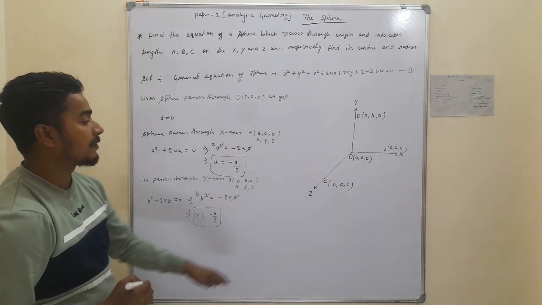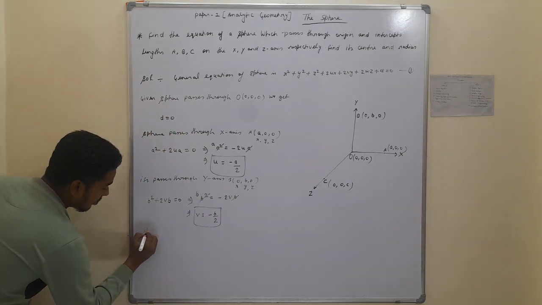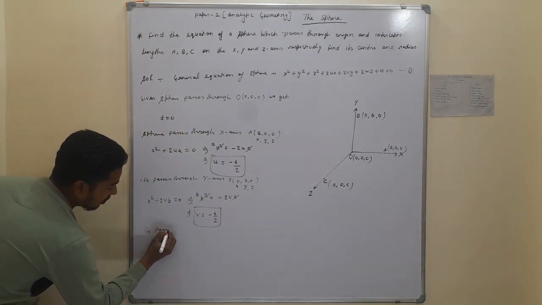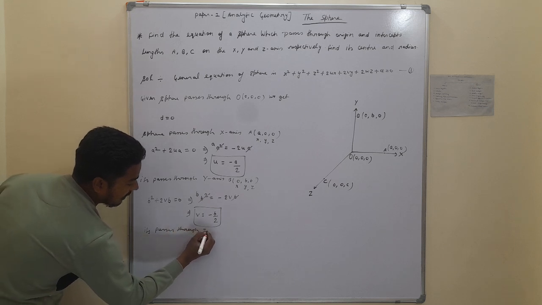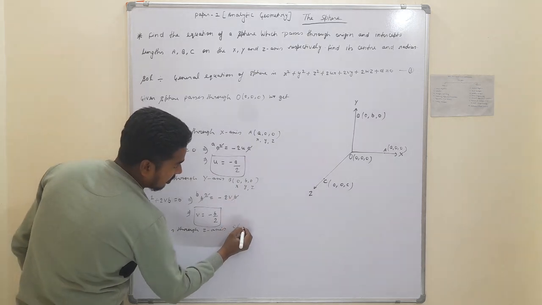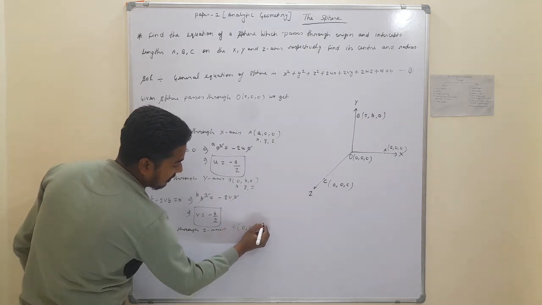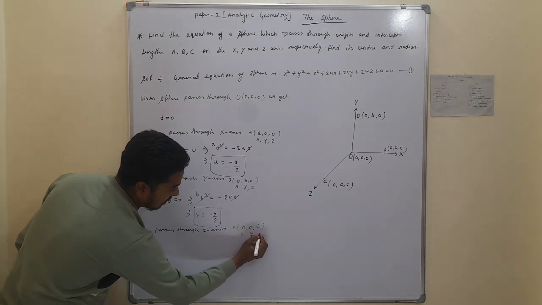Similarly, it passes through the z-axis, and the coordinates on the z-axis are 0, 0, c. Here x is 0, y is 0 and z is c.